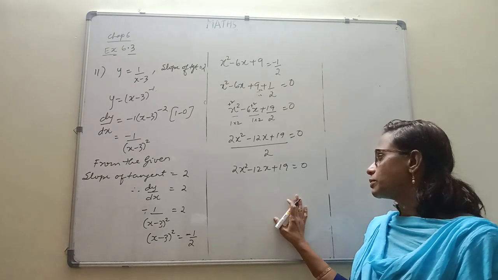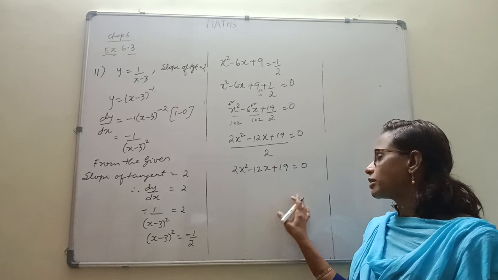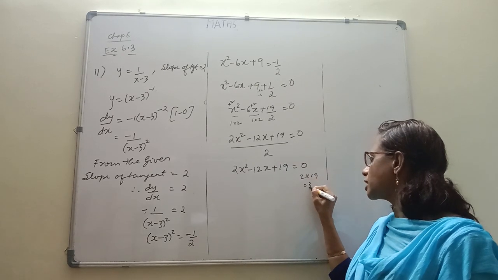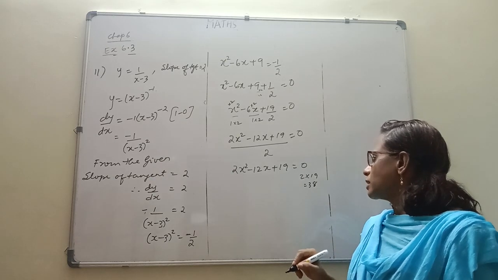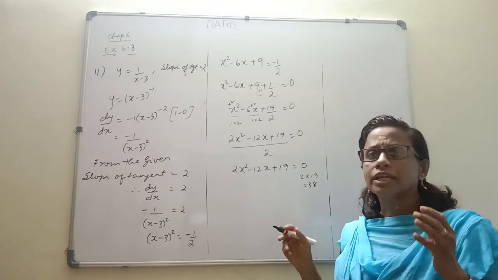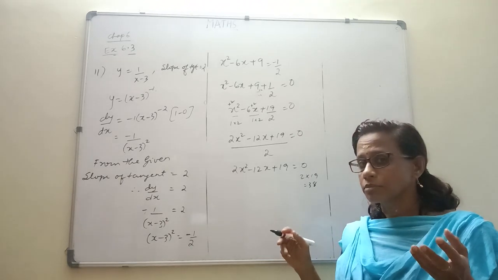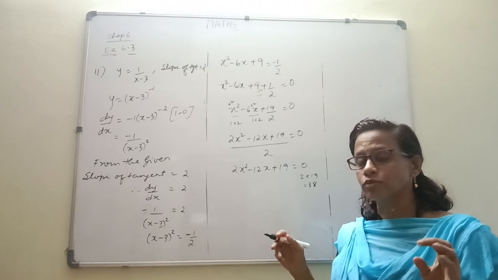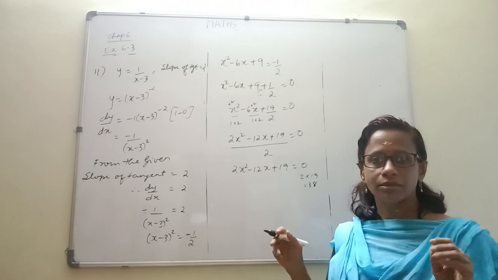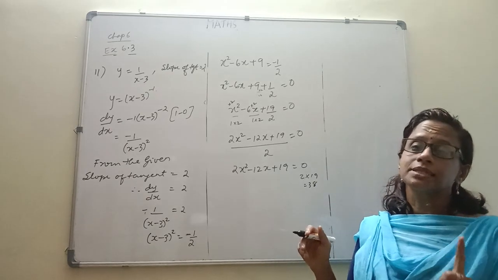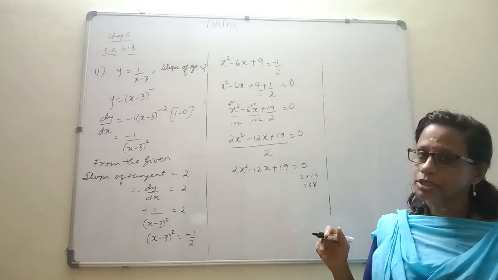Now, in order to get the factors, 2 into 19, that's 38. Doesn't look so easy. So we'll do one thing. Whenever splitting the middle term is difficult to find the factors of x, you can quickly go to the discriminant formula and use the quadratic formula and get the answer. That will be easier. So let's go for the quadratic formula, which says that x is minus b plus or minus root of b squared minus 4ac by 2a.